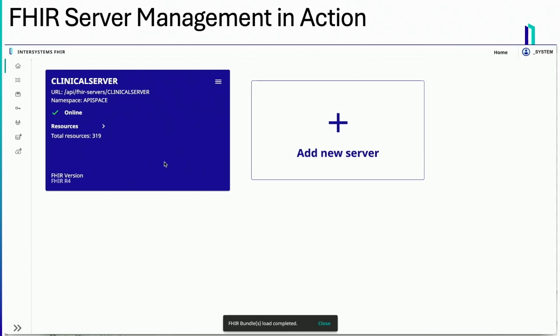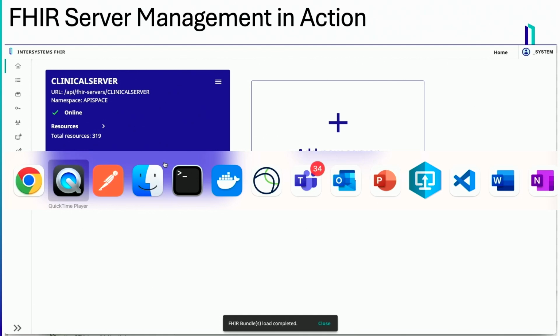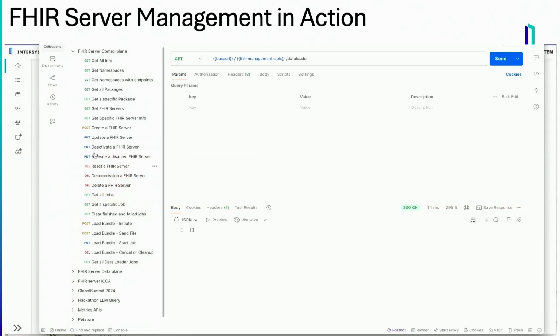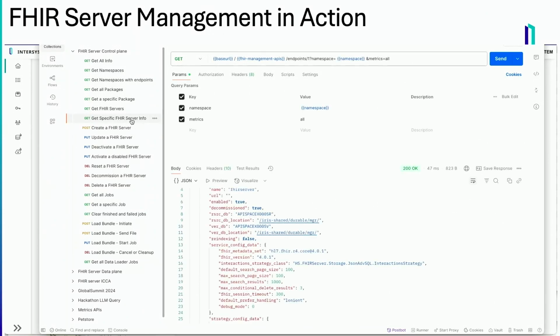And I can look at it either through the UI, expand it, or I can go over to my API in Postman, run the query, and look at the output.